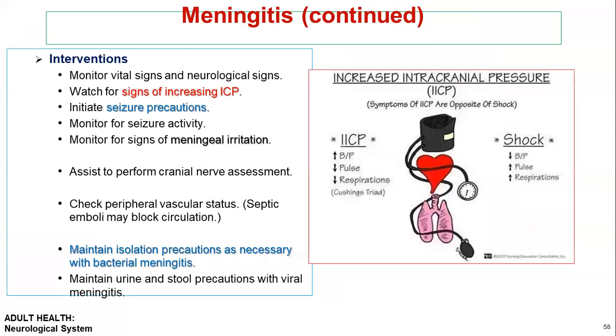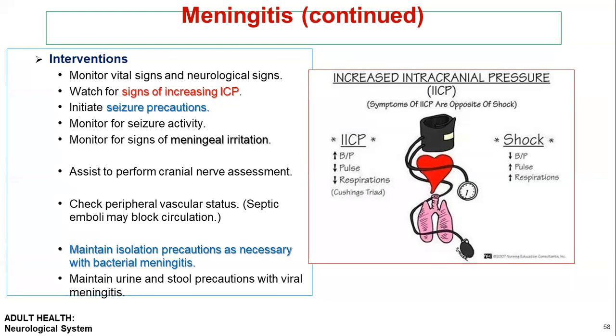The NCLEX board asks a common question frequently for some unknown reason. With meningitis, what is the most prominent sign? It is increased intracranial pressure. So the pressure inside the brain, or intracranial pressure, will be increased.